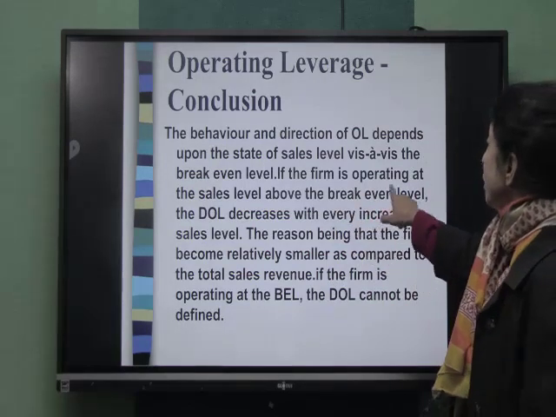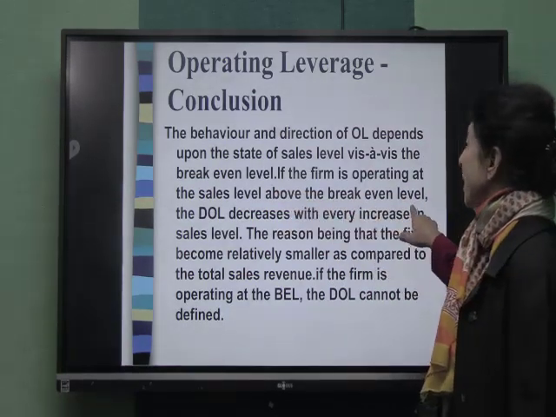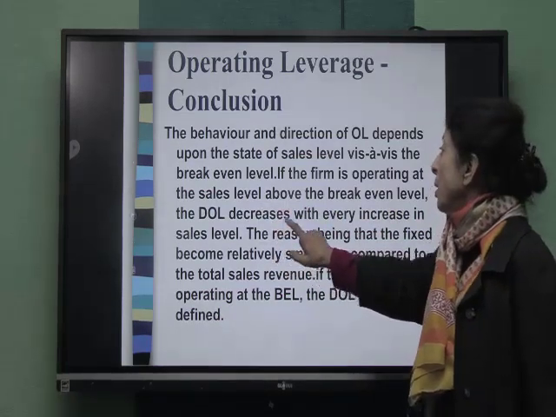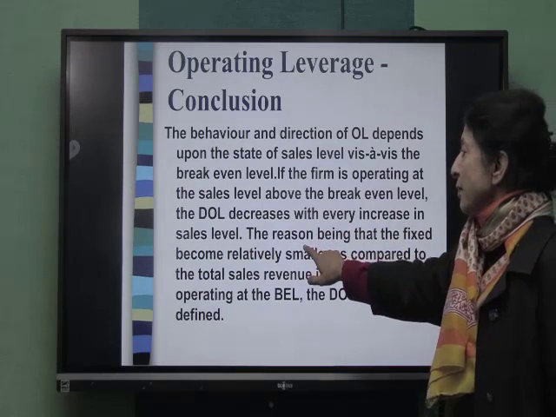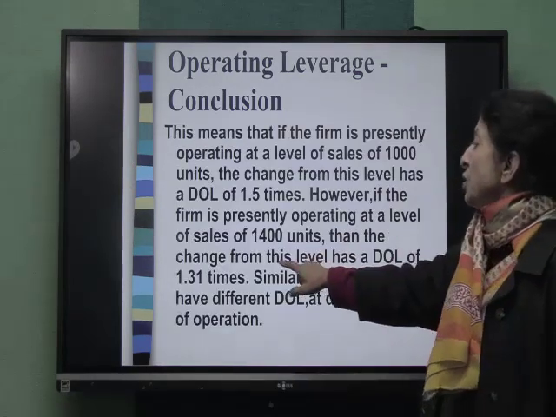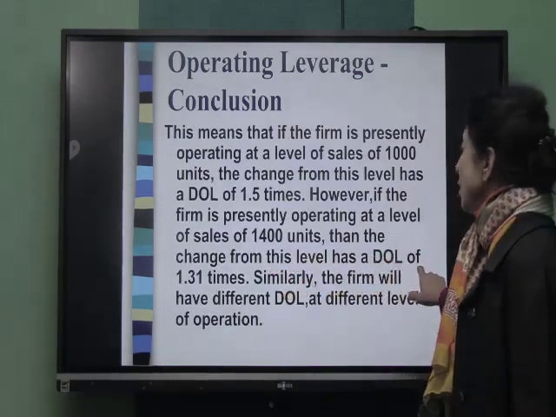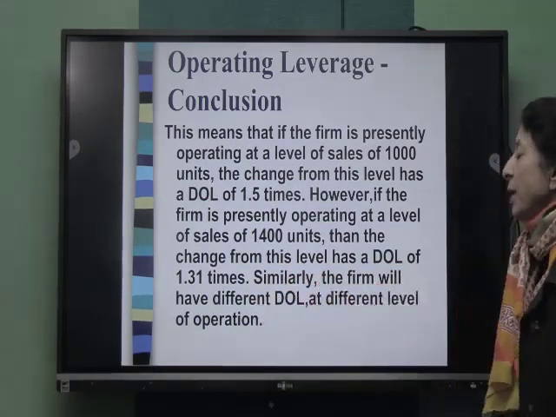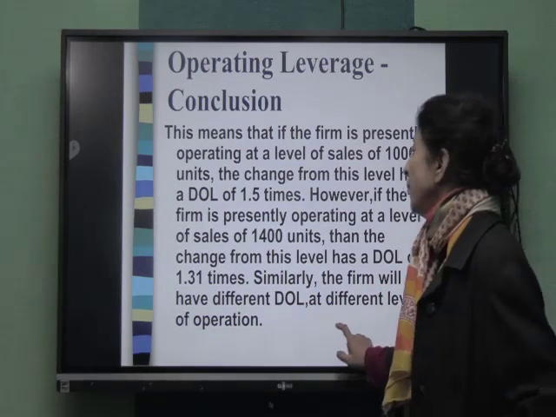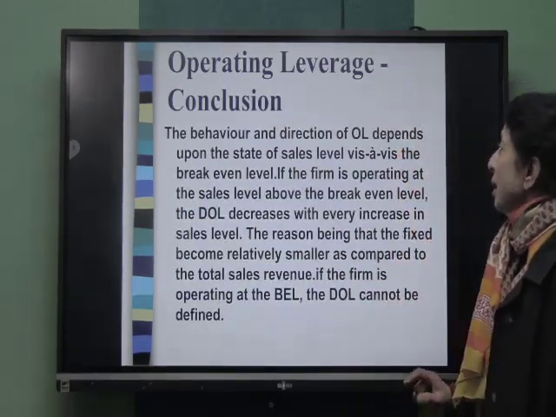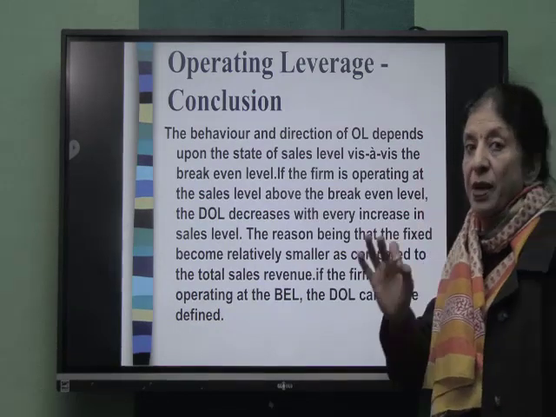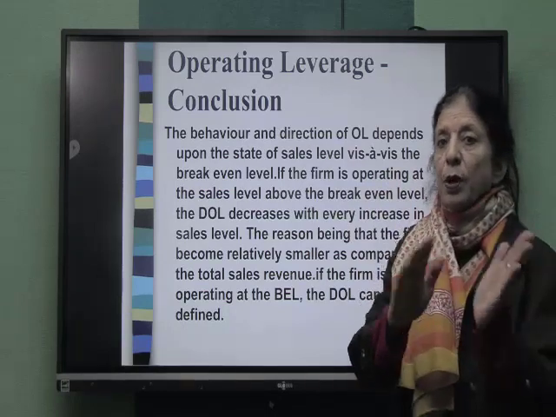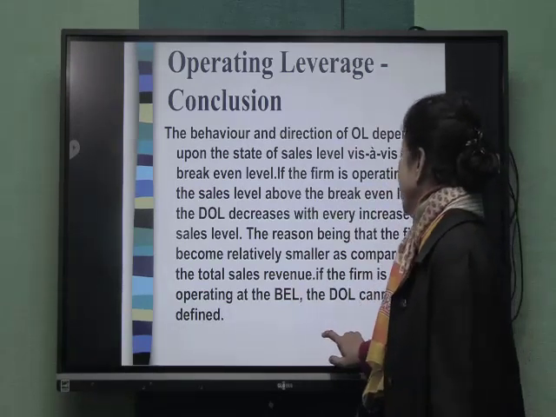If the firm is operating at sales above the break-even level, the DOL decreases with every increase in the sales level. That's the main important point. Similarly, the firm will have different DOL at different levels of operation, and therefore the direction depends upon whether your present sales is below the break-even point or after the break-even point.